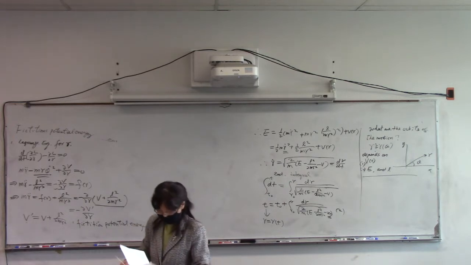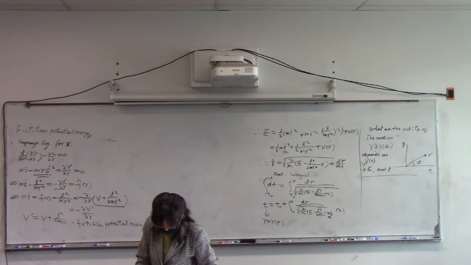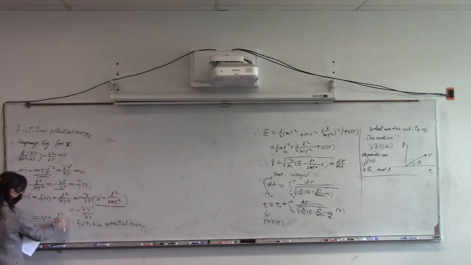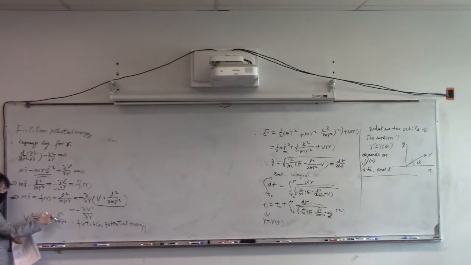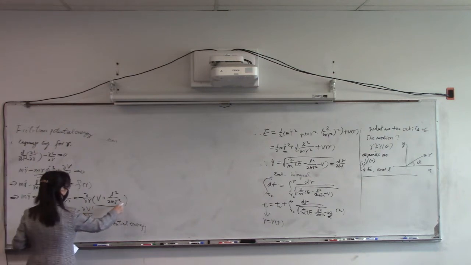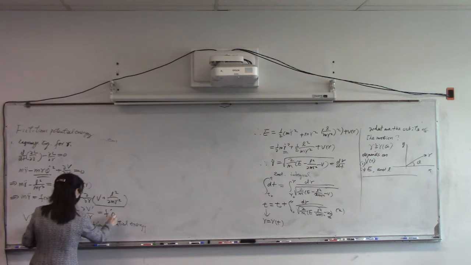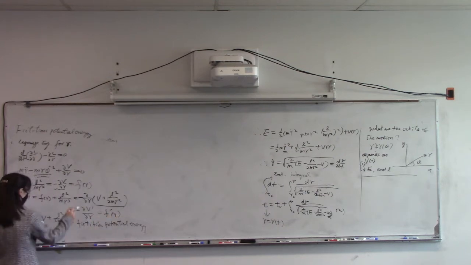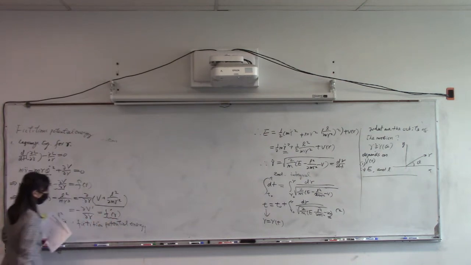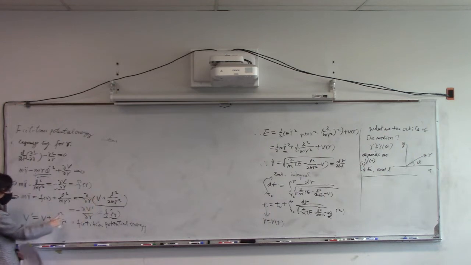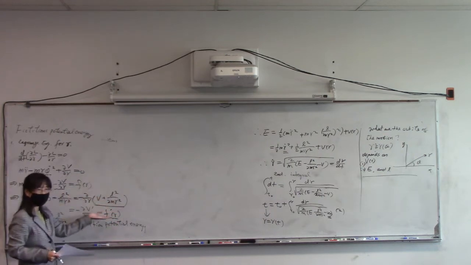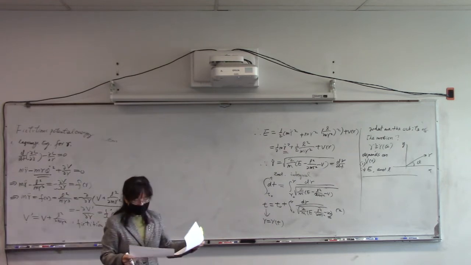The reason we say fictitious is that the real potential is this one, and we have an additional term which depends on angular momentum. If angular momentum equals 0, there's no such contribution. If I introduce F prime of r, this is also a force which we will use later. So here m r double dot equals F prime of r, where F prime of r is the negative partial derivative of the fictitious potential with respect to r. We will keep this and use it later, but now let's look at the fictitious energy we introduced.